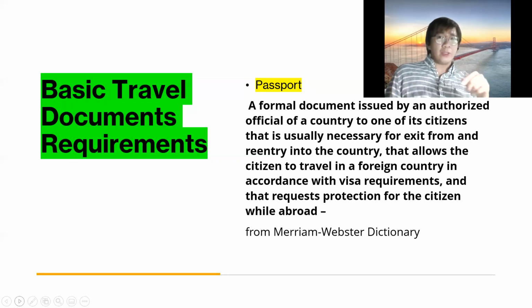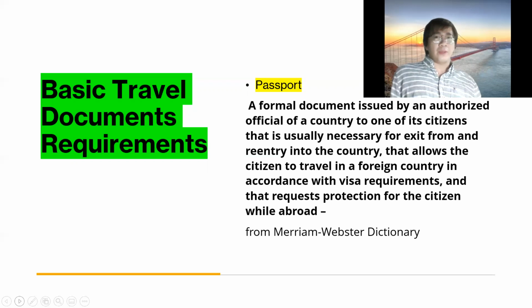Under normal conditions, 99.9%, meaning most of the time, a passport is required for international travel. There are only certain circumstances where you are allowed to use passport substitute documents. Later we'll discuss that.